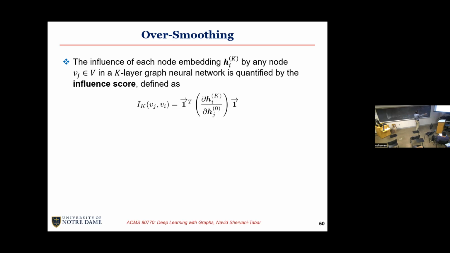And then these 2 are just vectors of all ones, and when we multiply this, it is just representing a summation over all elements in this Jacobian matrix. I call this an influence score.